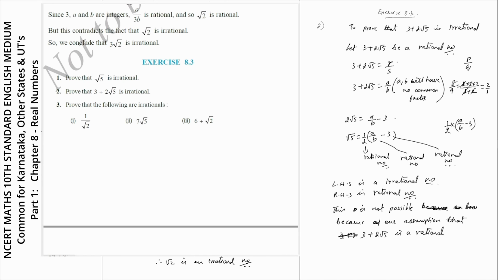So we assume that this is a rational number. This assumption itself is wrong, because our assumption that root 3 plus 2 root 5 is a rational number is wrong. Our assumption itself is wrong. That means what it implies? Therefore, root 3 plus 2 root 5 is an irrational number.